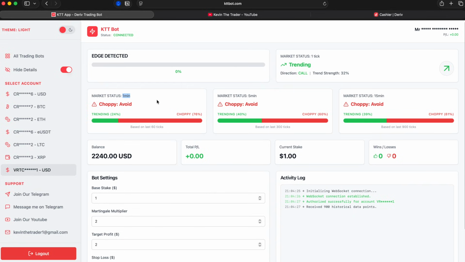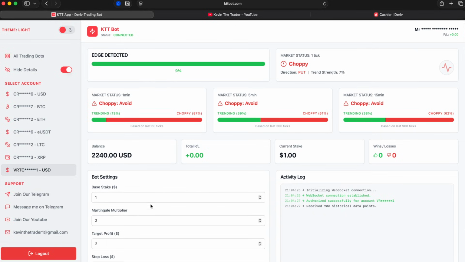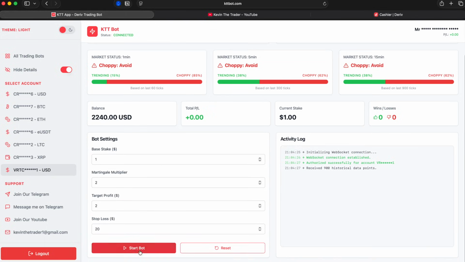So let's repeat. If on 1 tick the market is trending, and on 1 minute the market is also trending above 30%, and the market is also trending above 30% on 15 minutes, 5 minutes and 1 minute, then you can start the bot.